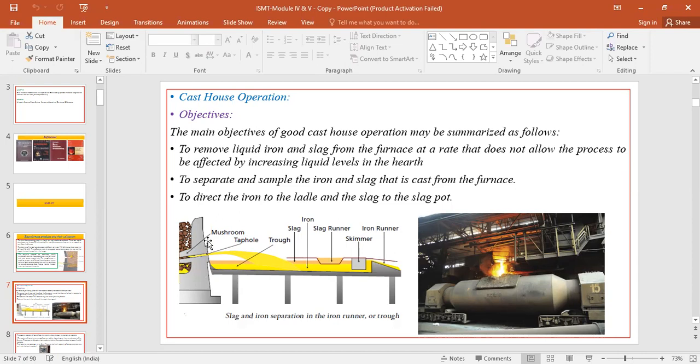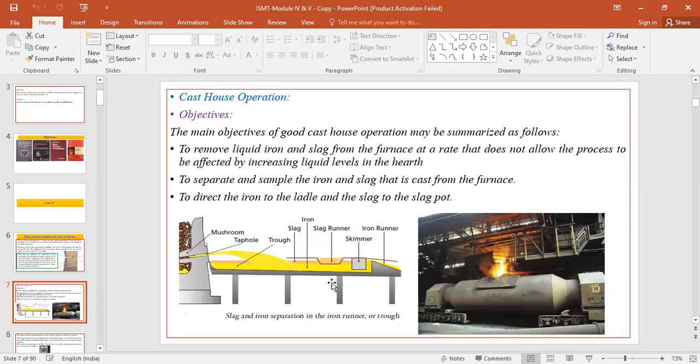In this particular picture, you can see that this is the tap hole from which the liquid products are coming out, and this is the runner. This is the runner area, and there is a skimmer which actually separates the slag as well as the hot metal.